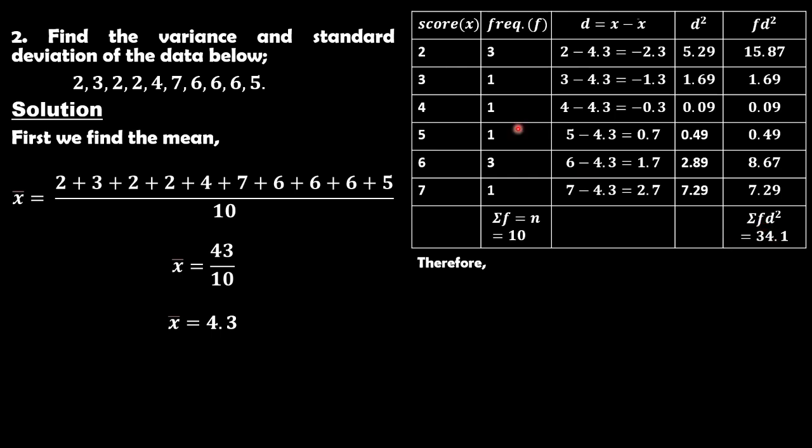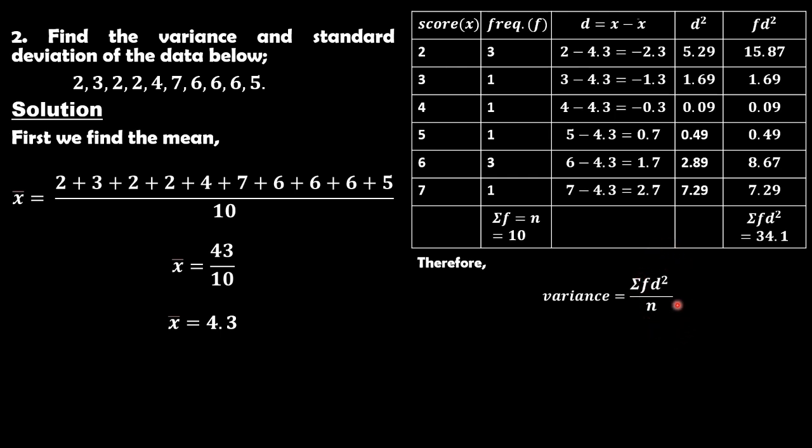Now remember that when we add the frequencies together, the summation of all the frequencies is also called summation F, and we can also call this N, meaning number of values. In this case, the total number of values we have is 10. Therefore, applying the formula for variance, which is summation FD squared divided by N. We have seen this formula before when we were talking about calculating the variance.